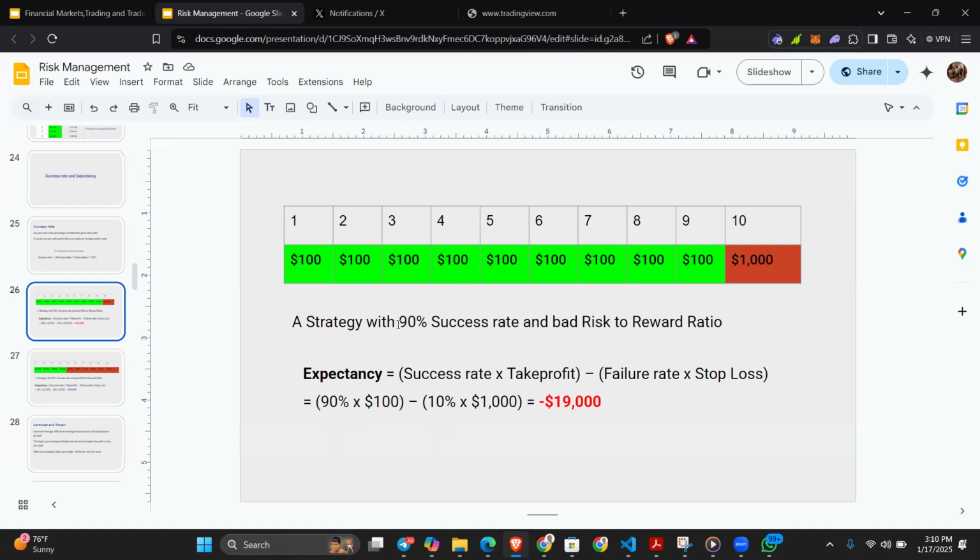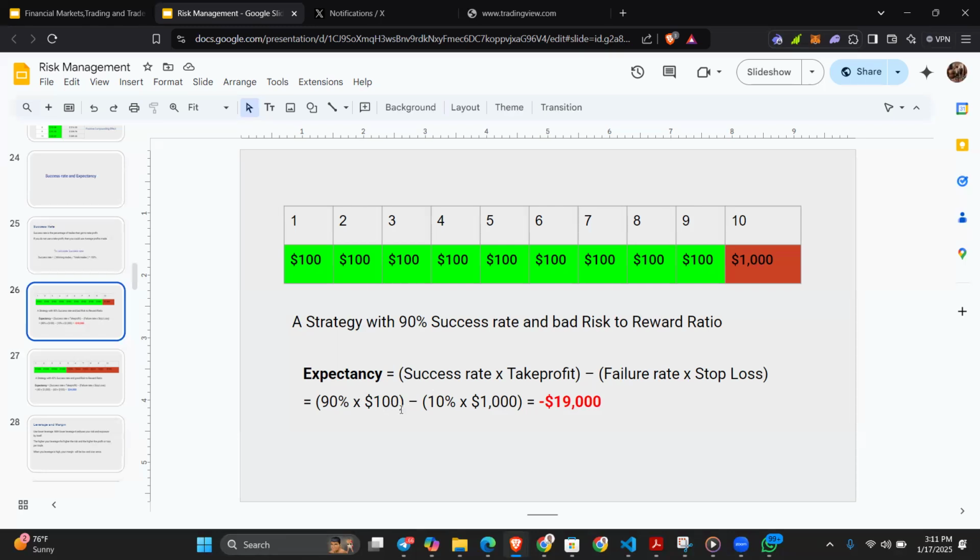So since the successful trades are 90%, that means the losing trades are just 10%. Minus the failure rate times the stop loss, right? The failure rate is 10%.